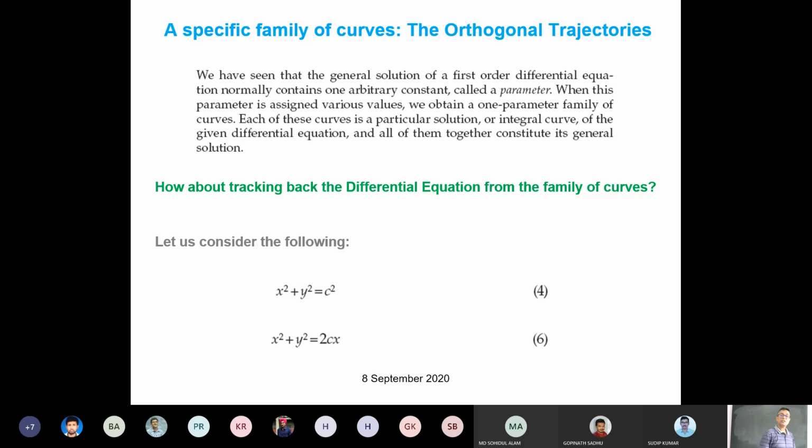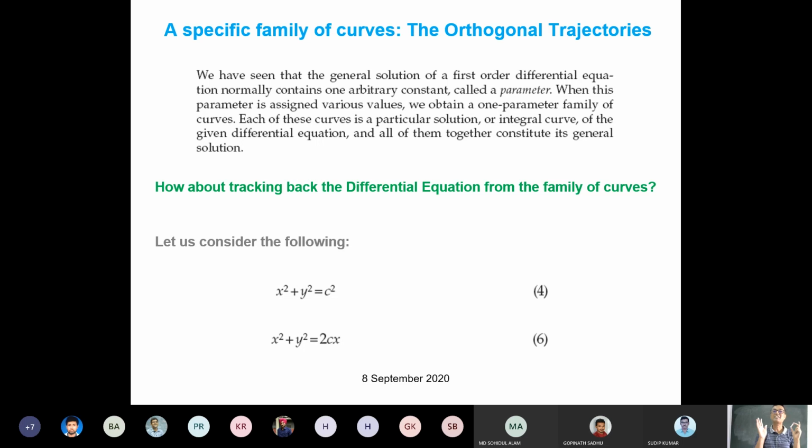As somebody has already told me, if you consider a particular one parameter family of curves, and find another family of curves in such a way that they intersect each other orthogonally, then basically, if you take one curve from one family and the other curve from the other family, at their point of intersection, the tangents to the respective curves must be orthogonal to each other.